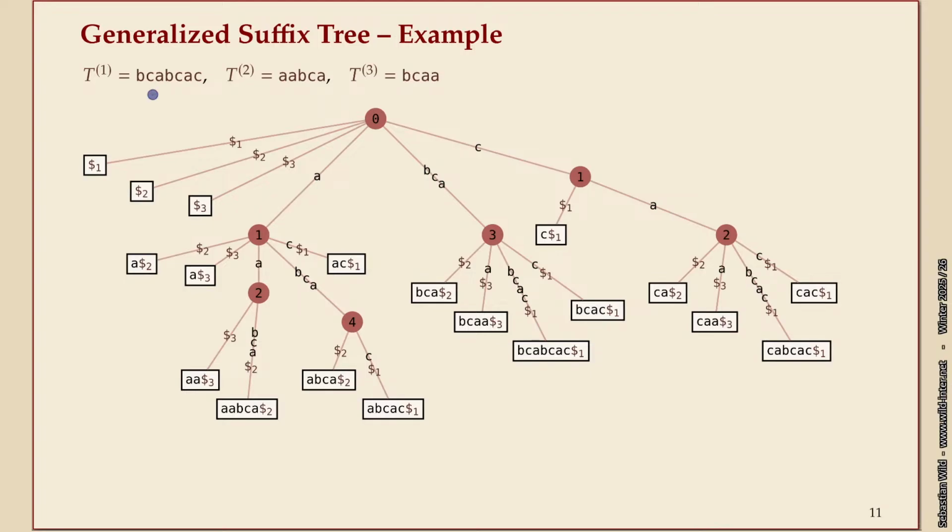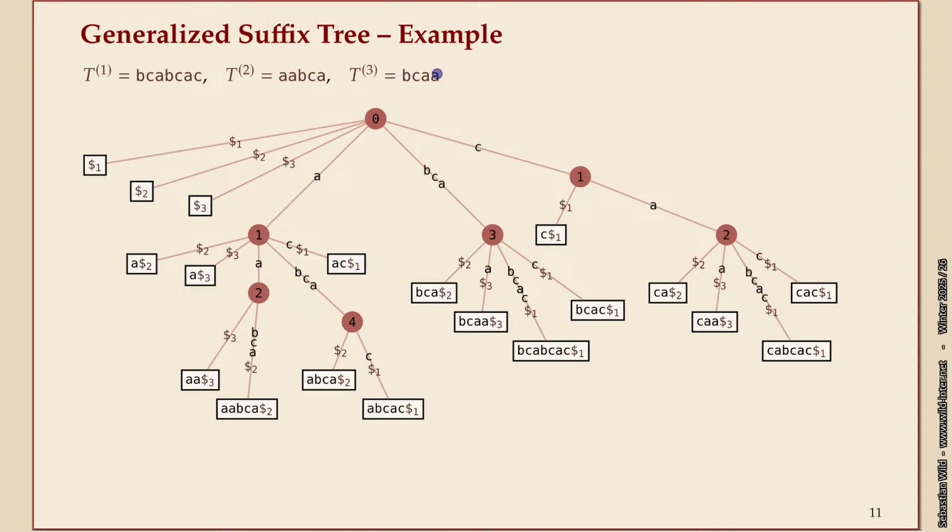Here's an example for these three texts all over the alphabet ABC. And what you notice is there's a whole bunch of leaves, but I've always stopped after the first $ symbol. So normally, if you directly apply the construction, this first one would continue with the whole second text and $2 and the whole third text and $3.